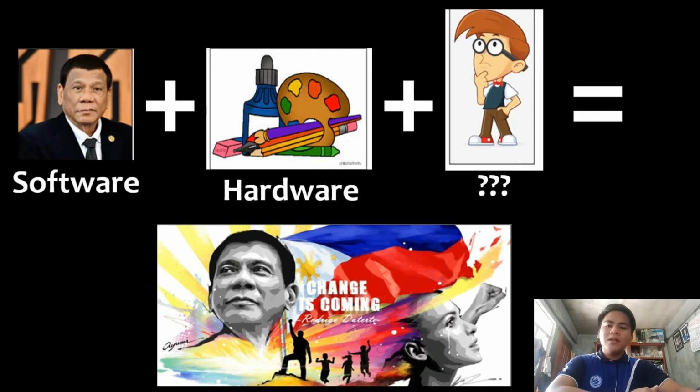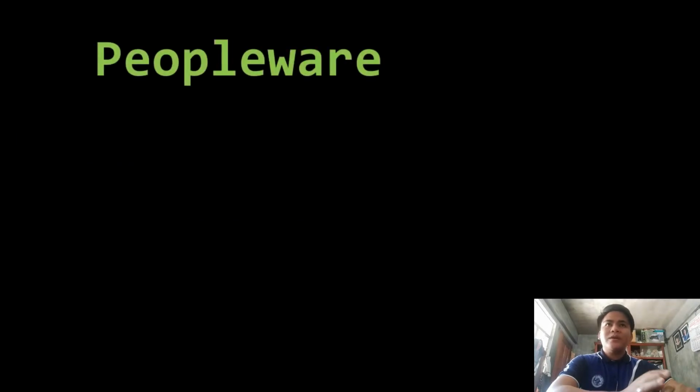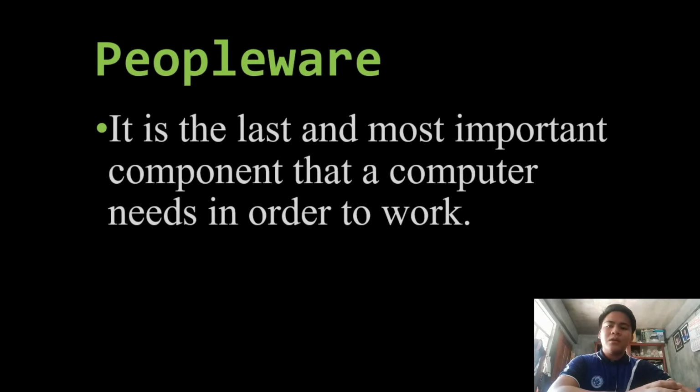So we can now categorize Mr. Michael as a peopleware. Once we say peopleware, these are the most important component of a computer because peopleware is the person who gives instruction to the software, then gives it to the computer hardware in order for the hardware to know what it is going to do.